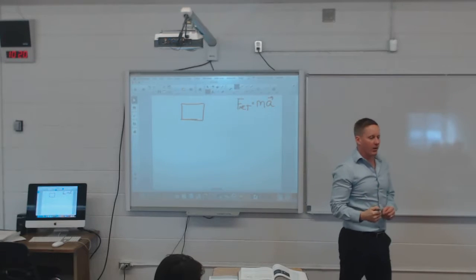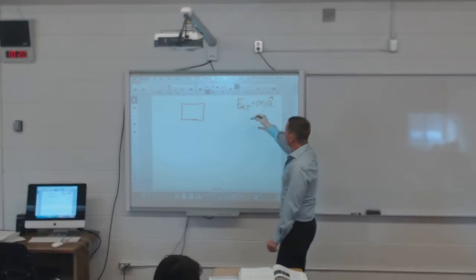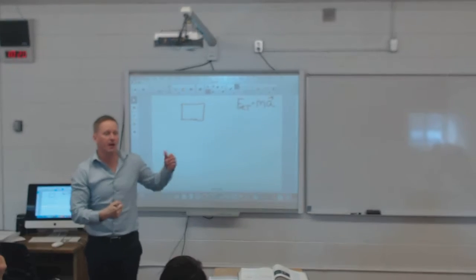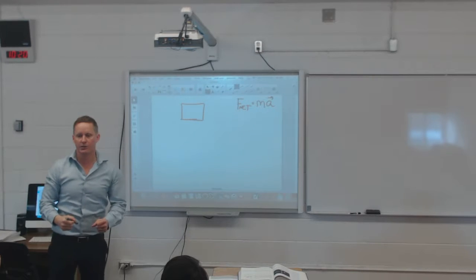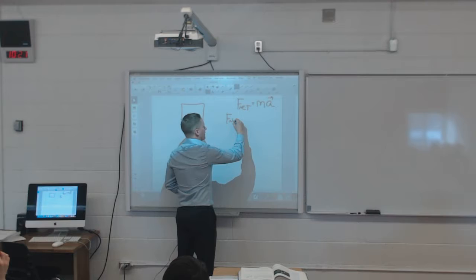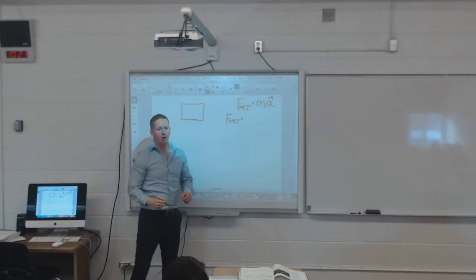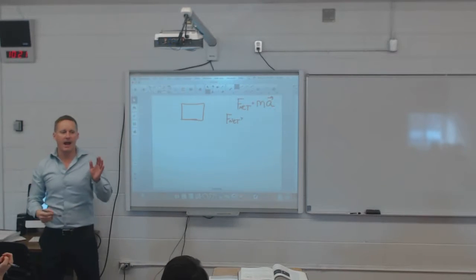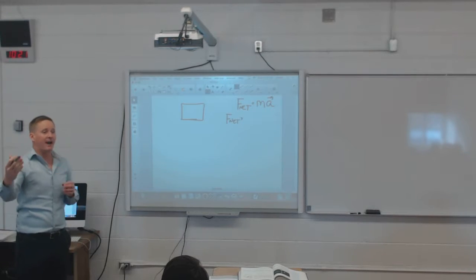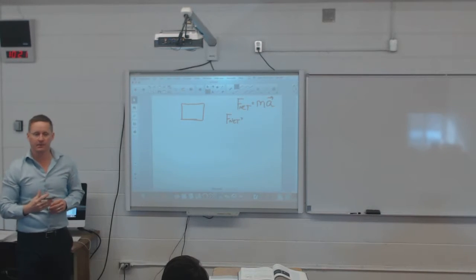So, net force. We're going to use this term twice. The first time we talk about it, we're going to talk about it as mass times acceleration. The second time, we are going to take into account all of the forces that are acting and moving it in a certain direction, and all of the forces that are acting against that direction.